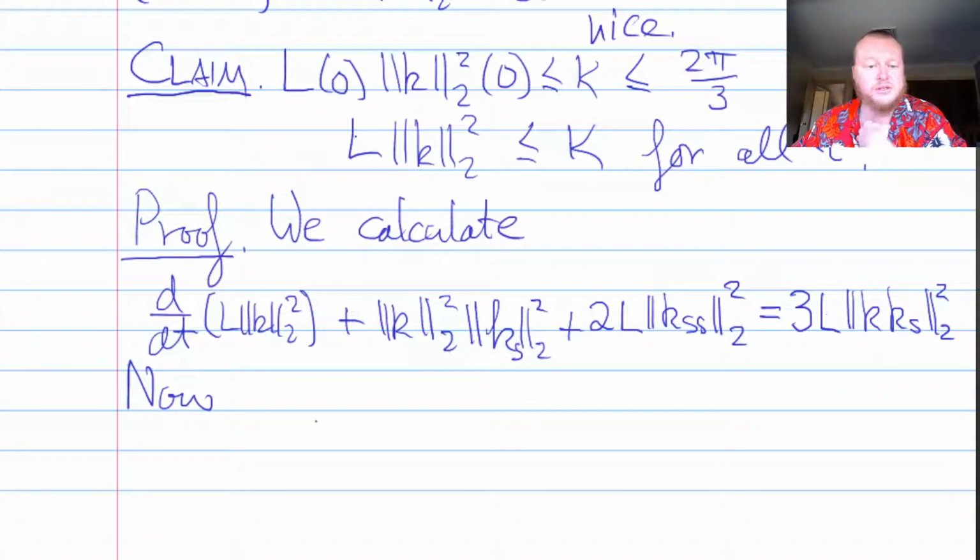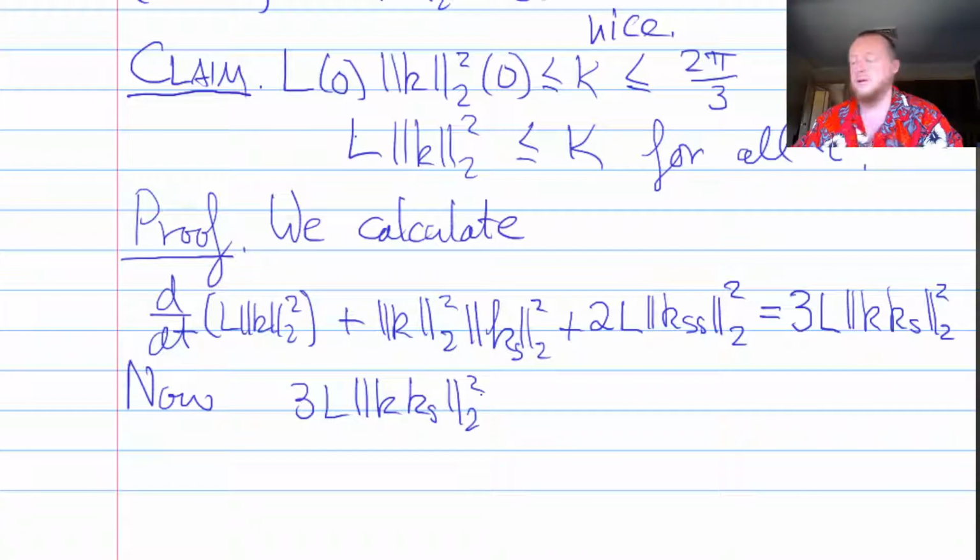Okay, so we look at this guy, 3L, and this is just the integral of k squared times k_s squared. Now what is this bounded by? We're going to use a similar thing as before, but now instead of taking out the k in L2 and the k_s in L infinity, we're going to take the k_s out in L infinity.